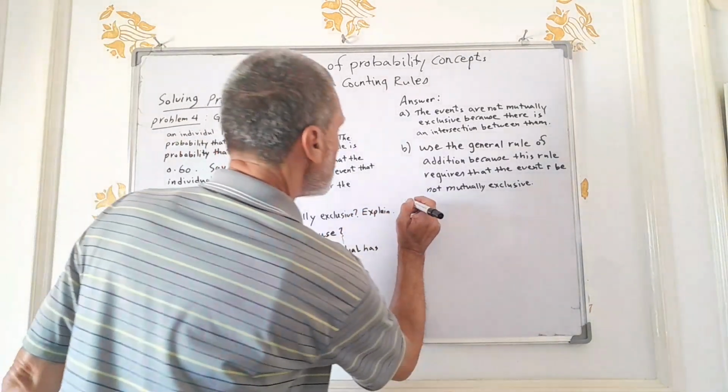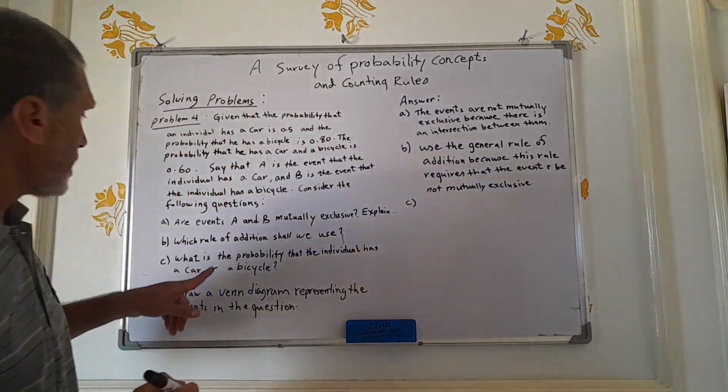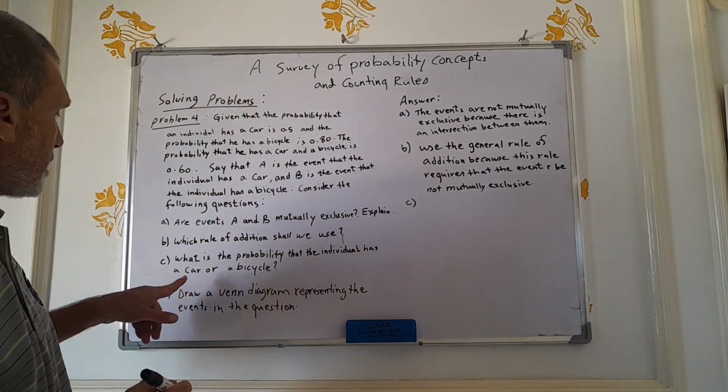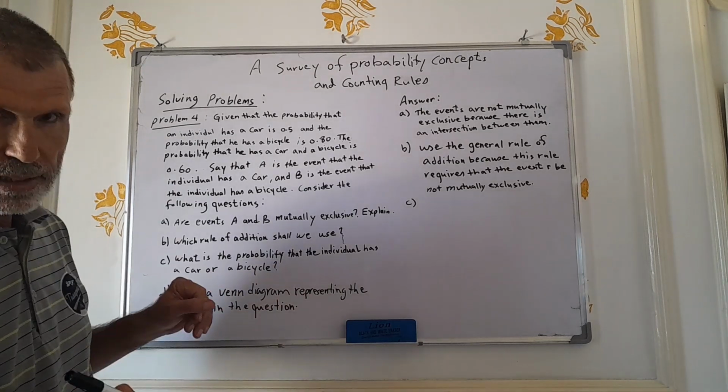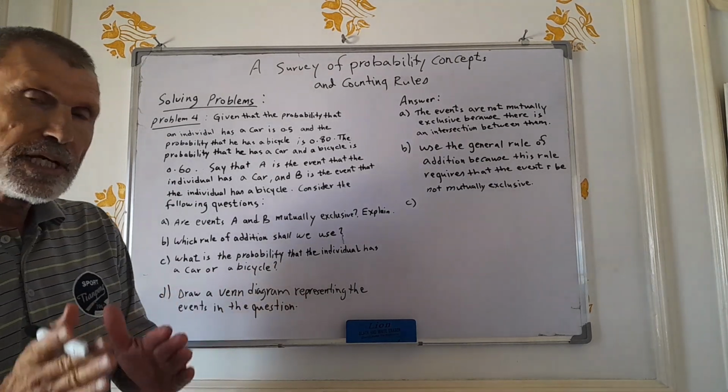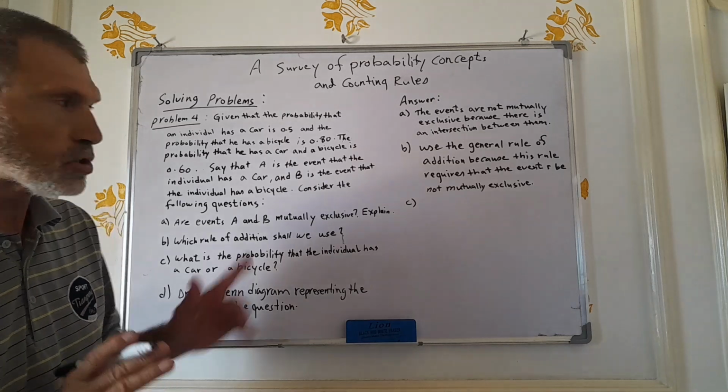Now, part C says, what is the probability that the individual has a car or a bicycle? So here we have to use the general rule of addition to solve this problem.